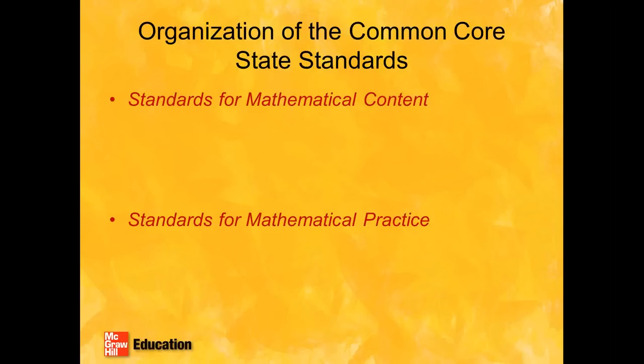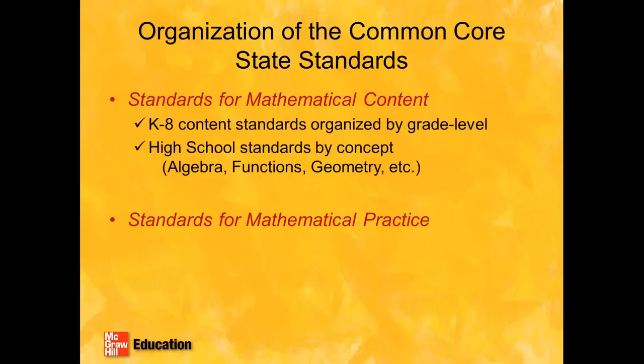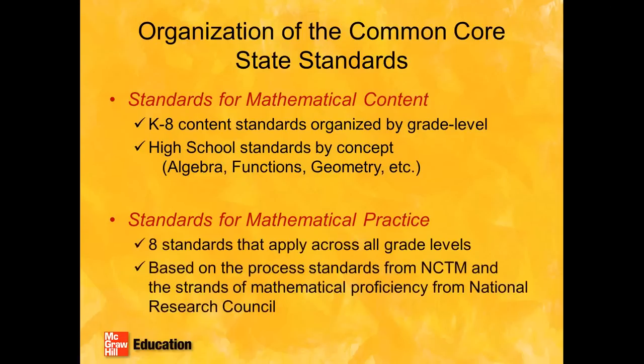The Common Core State Standards include two different types of standards. There are content standards, as you are familiar, and then there are the practice standards. The standards for content are organized by grade level for K-8 and concept in high school, for example, algebra, functions, and geometry. There are 8 standards of mathematical practice, and these span across all grade levels.